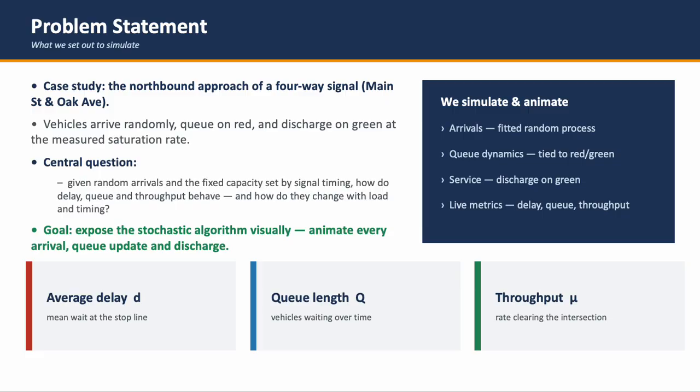Our major goal was to make the algorithm visual, so the simulation animates every arrival, every queue update, and every discharge with the metrics updating live. Keep these three metrics in mind: delay, queue, and throughput, because everything that follows comes back to them.